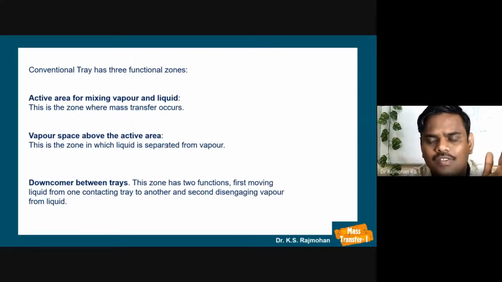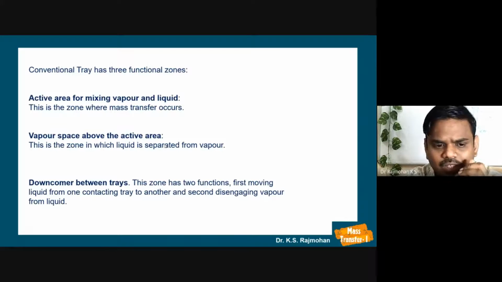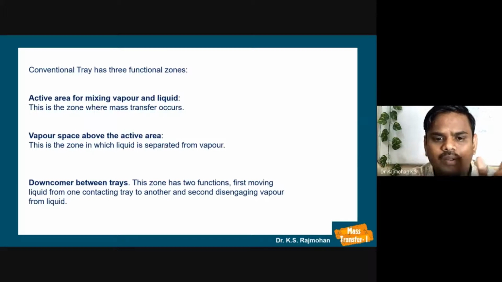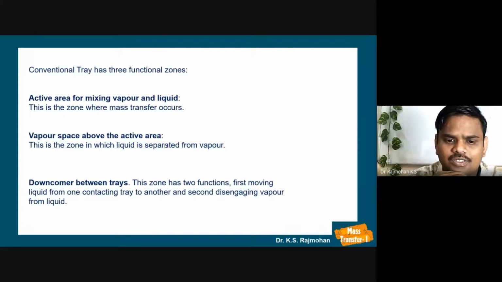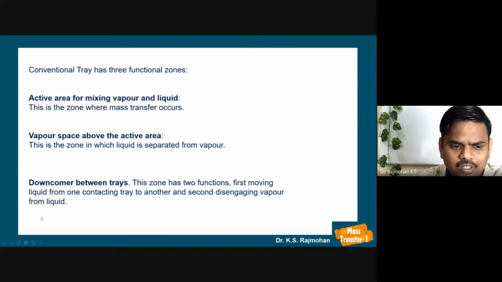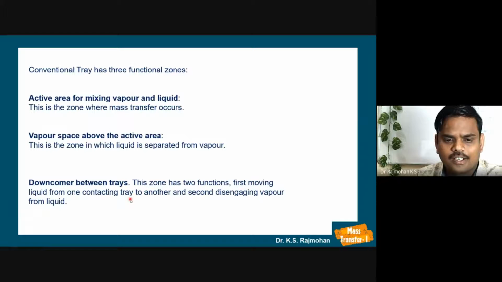Then there is a downcomer between the trays, which facilitates the separated liquid moving down to the next tray. So in the downcomer between the trays we have the movement of liquid from one contacting tray to another, and second one disengaging.